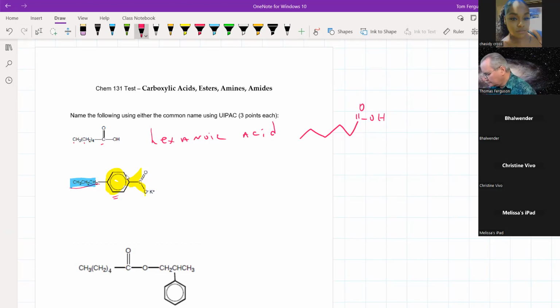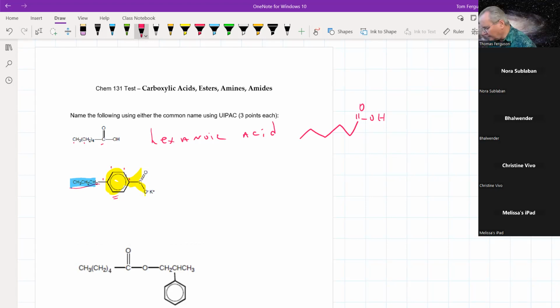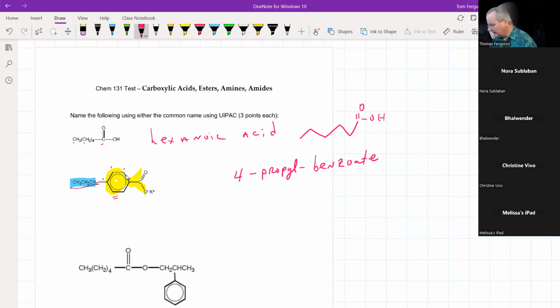So this is going to be 1, 2, 3, 4. 4-propyl benzoate, because it's based on benzoic acid, and this would be potassium 4-propyl benzoate.